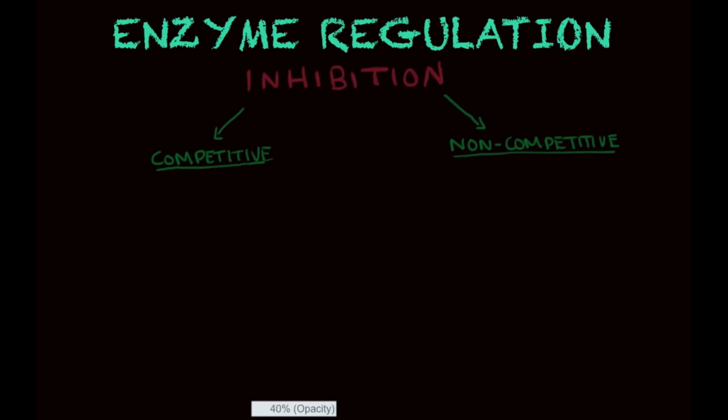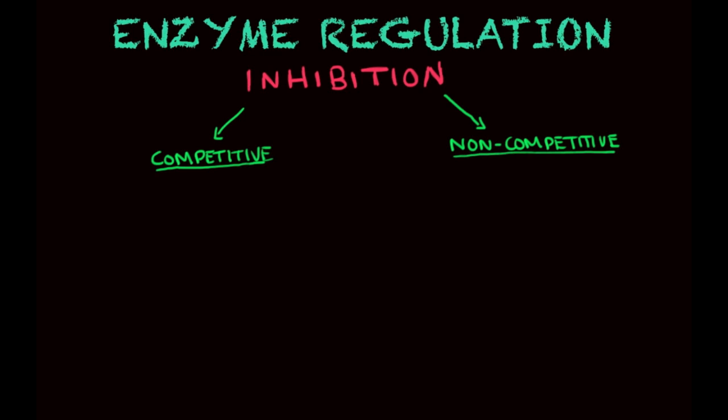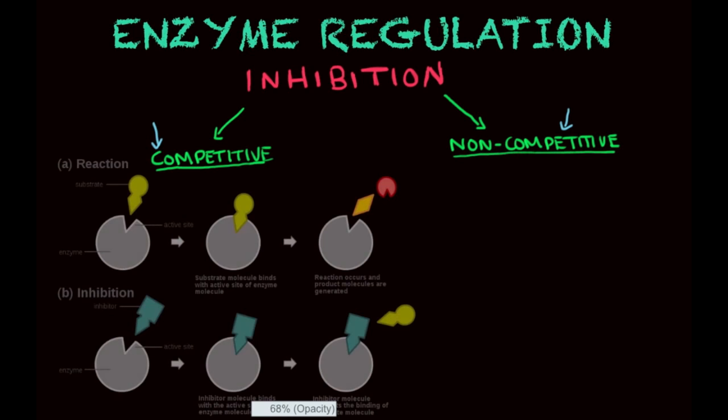Now, moving on to inhibition, or switching off of an enzyme, there are two subcategories that we need to talk about, and these are competitive and non-competitive inhibition. Now, for competitive inhibition, I have a drawing here that illustrates what this is.